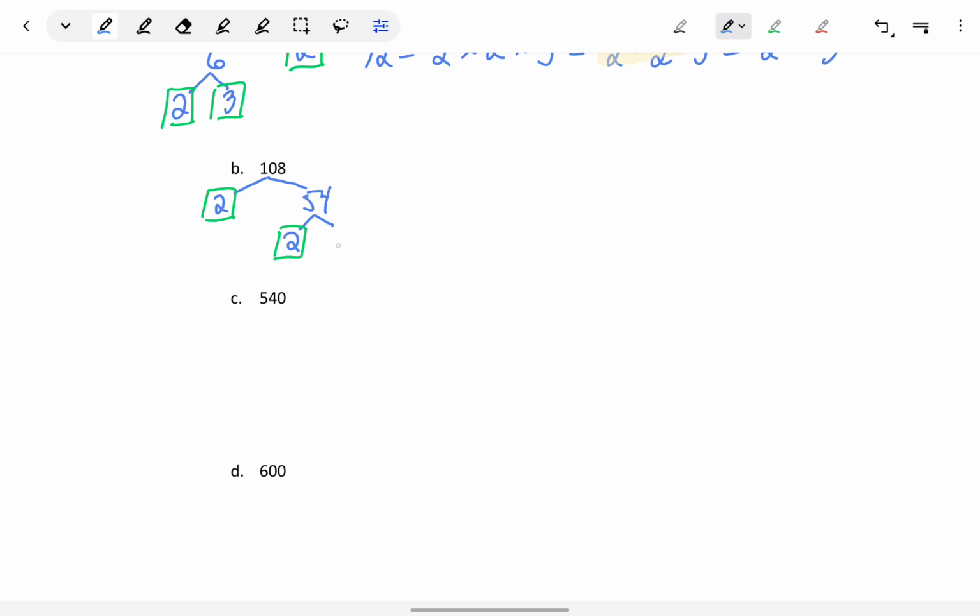And dividing that by 2 would give us 27. 27 is not even, but it is divisible by 3. So our two new branches would be 3 and 9. 3 is a prime number, so that branch would terminate. And then 9 is 3 times 3.